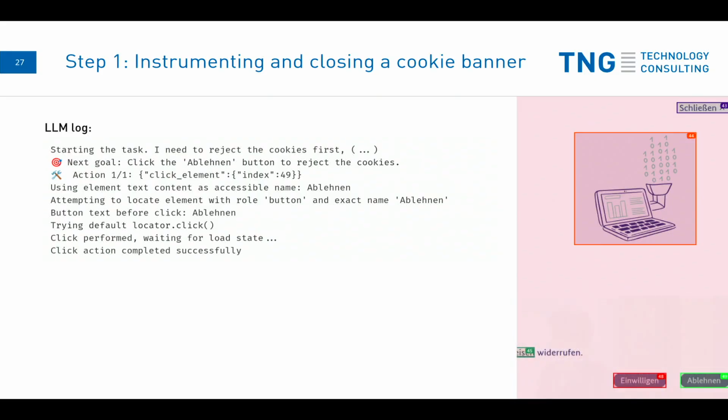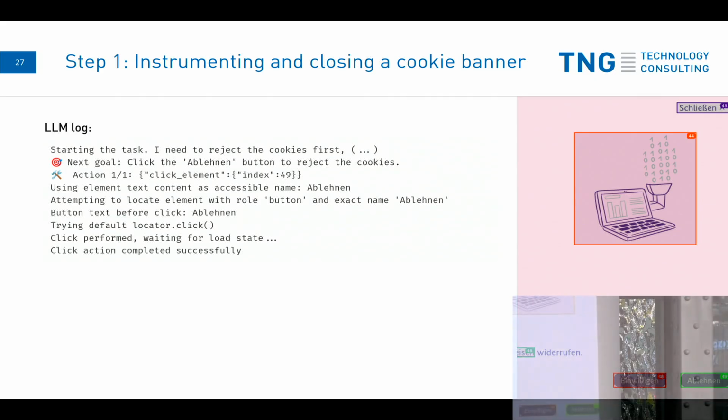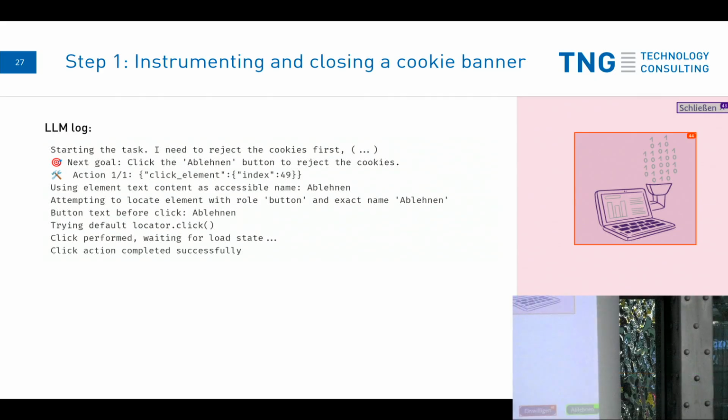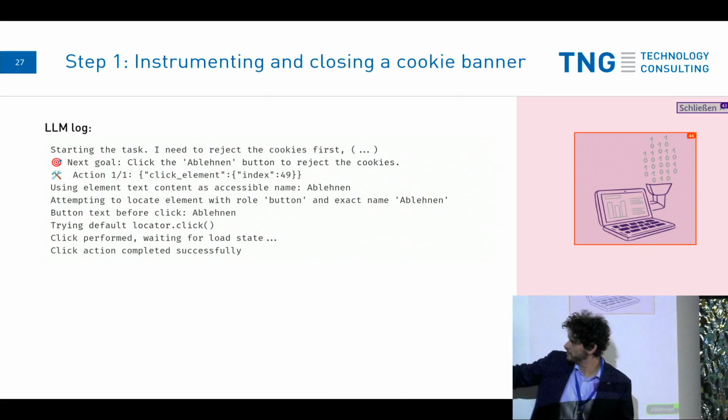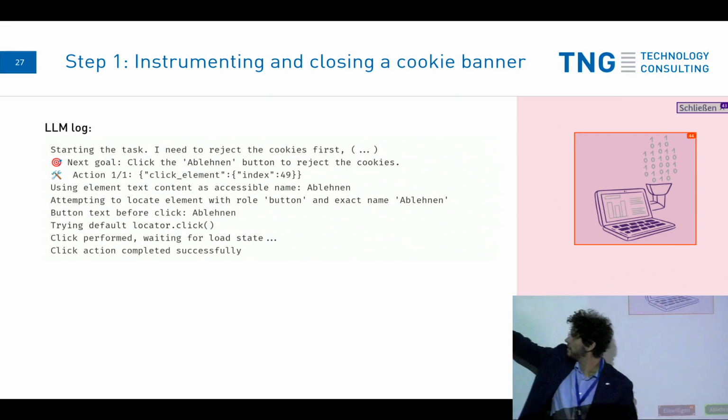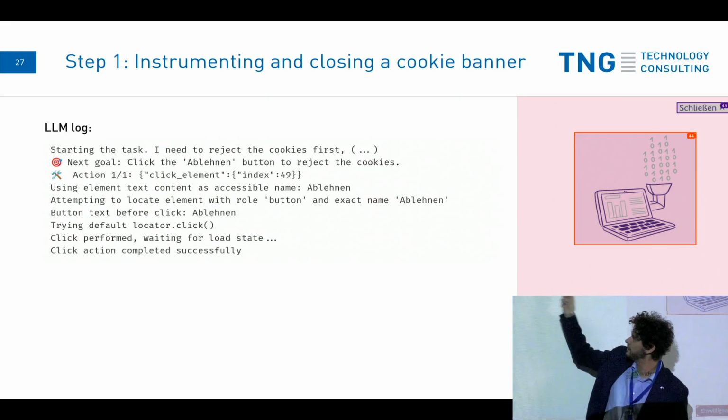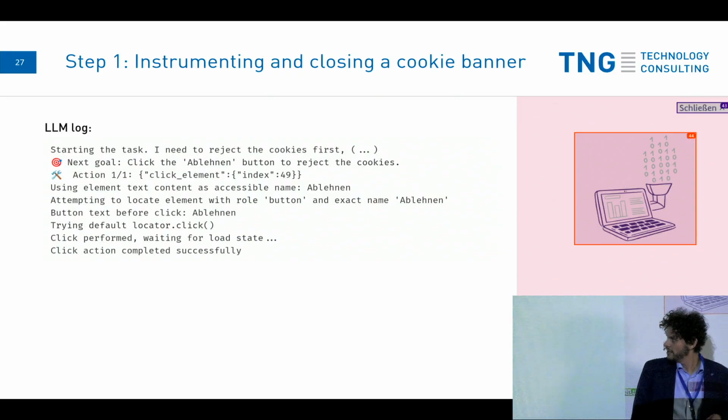But you can see the LLM went through this and, okay, I want to reject the cookies, and I have this list of things that I can interact with, and one of them says ablehnen. This is probably the button we want to click, so we click it based on accessibility properties, so the role, an element with the role button, and it has a name, ablehnen. And yeah, we click it.